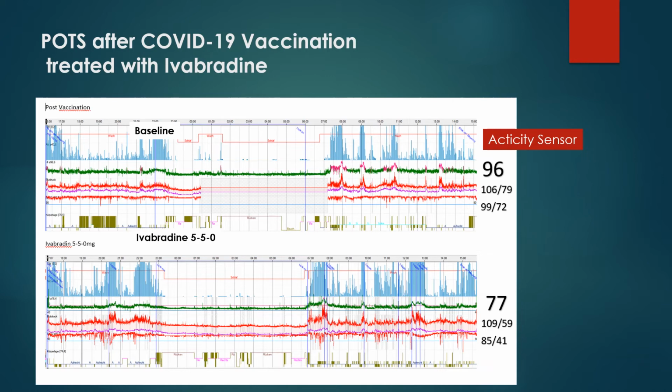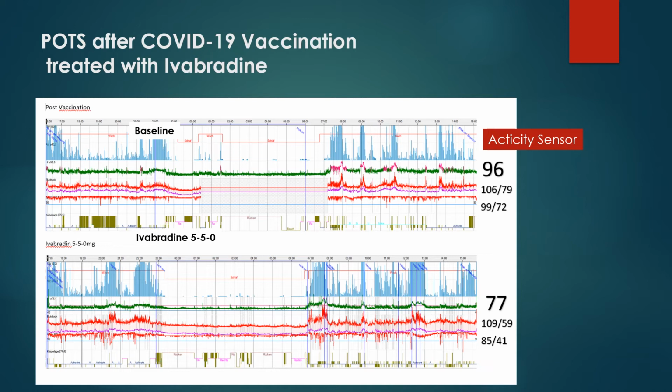She has no activity in the activity sensor, and if she has activities in the sensor, the heart rate increases to values above 114, and she stopped the activity in the afternoon, lying down during the whole time.